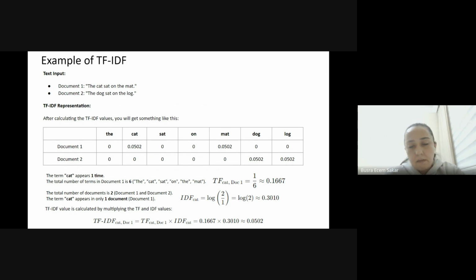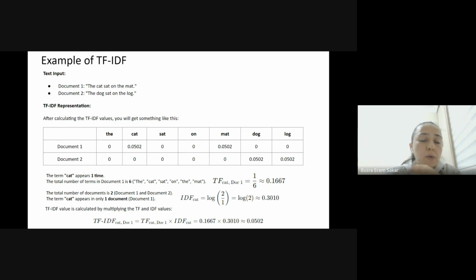However, let's also calculate the inverse document frequency for cat. There are 2 documents in total, and the word cat appears in only 1 document. So IDF for cat is calculated as log of 2 divided by 1, which gives us approximately 0.30.